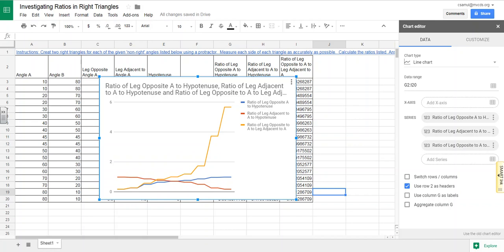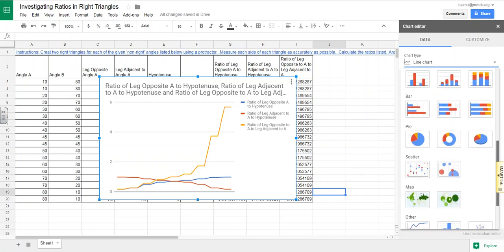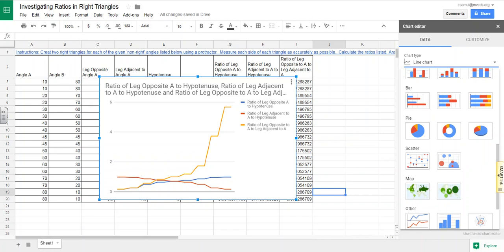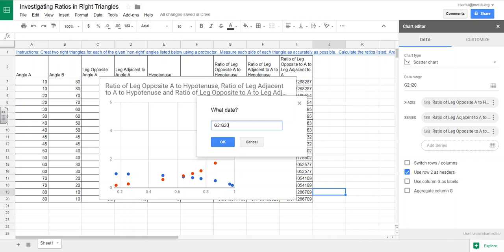What I really wanted was a scatter plot. So I can go to Chart Type and pick a scatter plot. Then, let's see, what does it say for x-axis? It says G2 through G20.